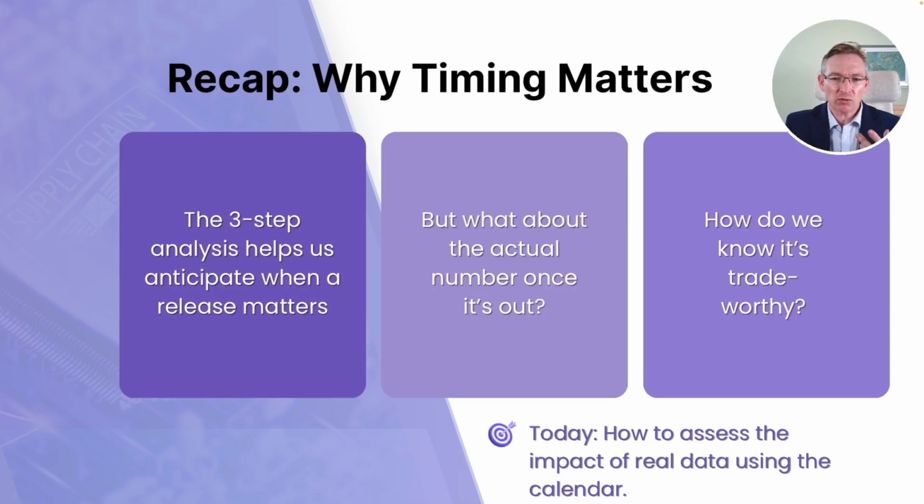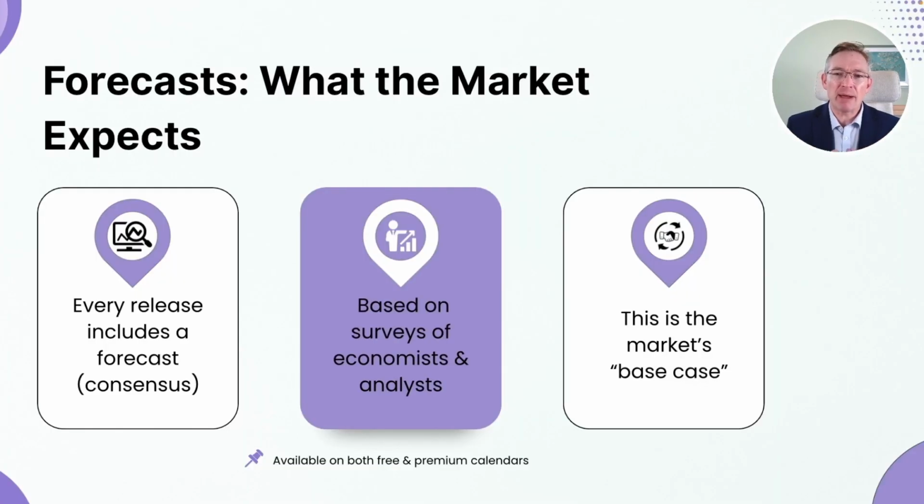So the way to assess this real data is based upon the economic calendar that we use. Now, every economic calendar data point has what's called a forecast consensus. Now, this is based on the survey that's taken from economists and professional analysts to ask them what they're expecting to come from the latest data release.